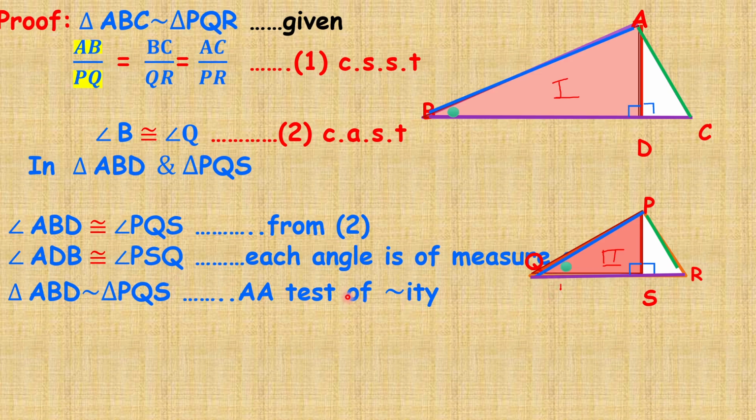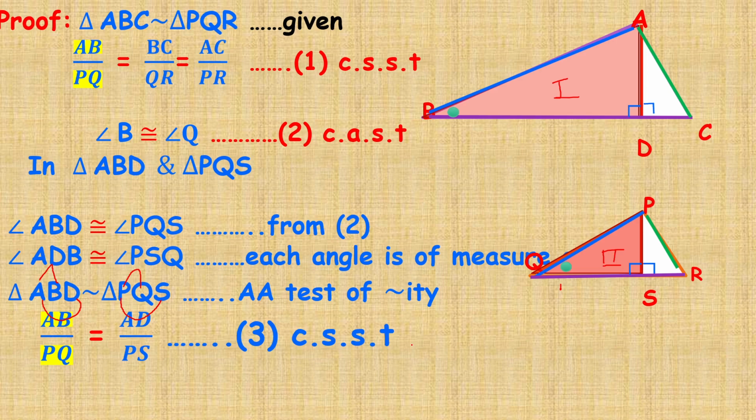We know that if these two triangles are similar, then their corresponding sides are in proportion. Therefore, AB upon PQ is equal to AD upon PS, corresponding sides of similar triangles.